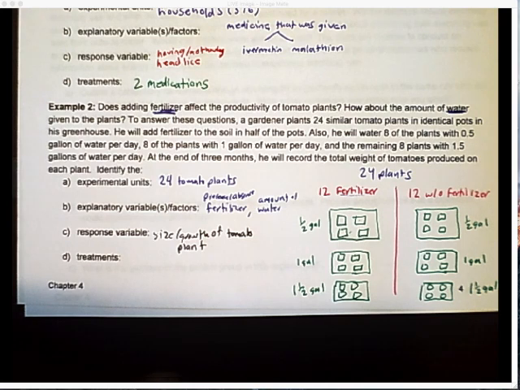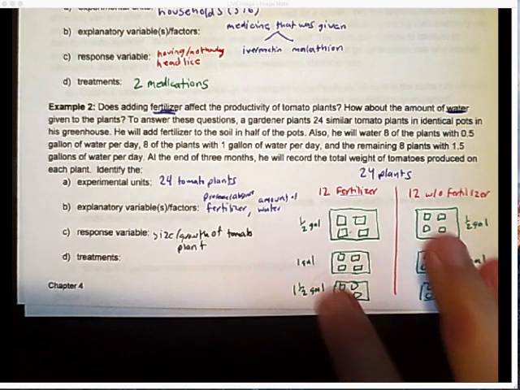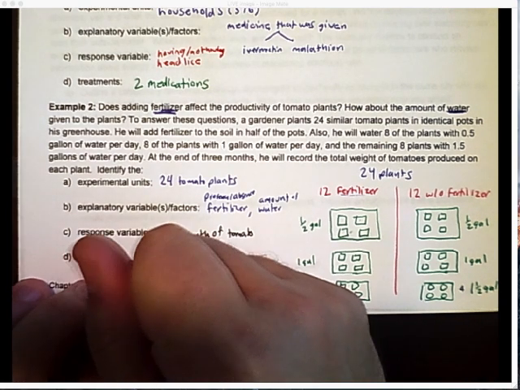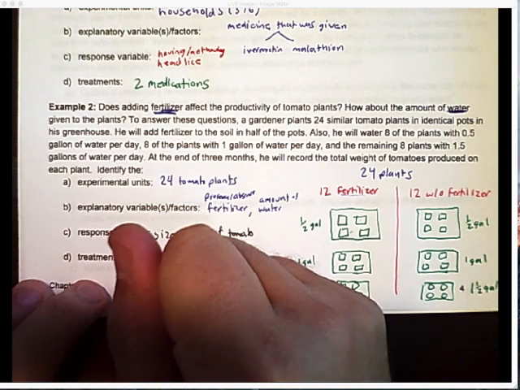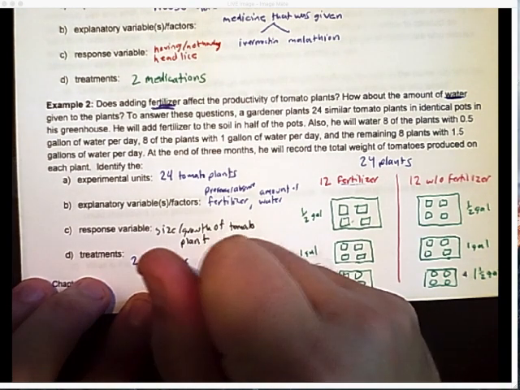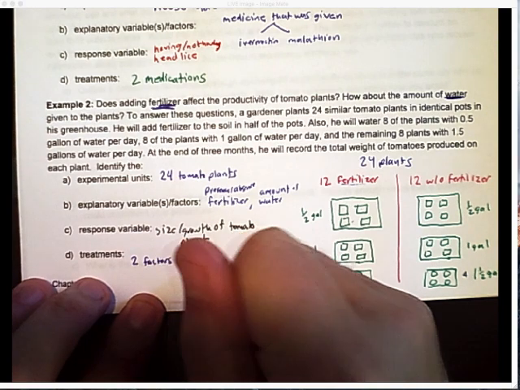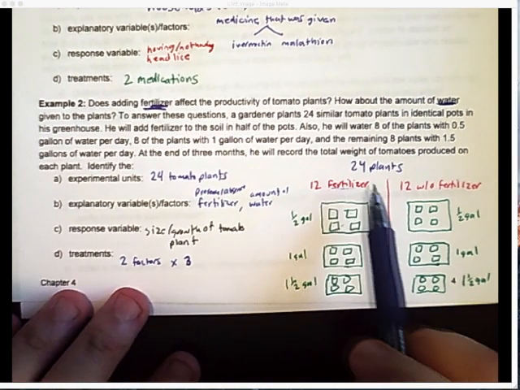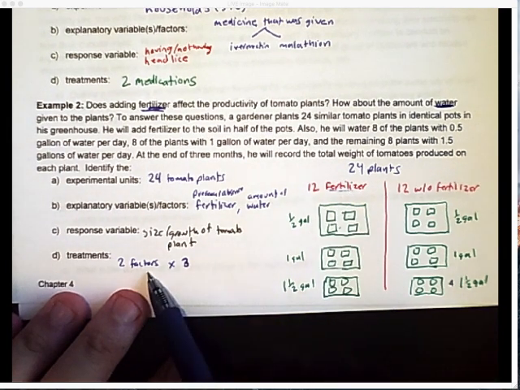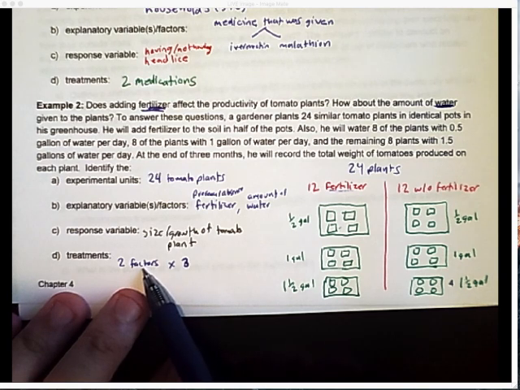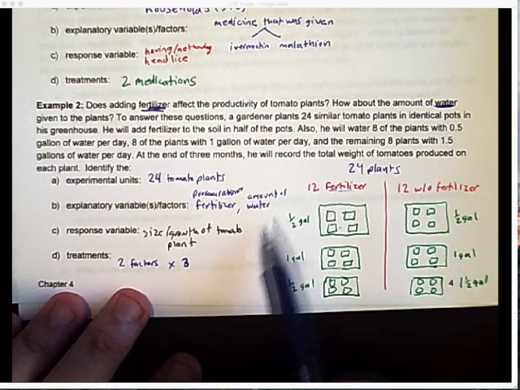And what are the treatments? Looking over here at the treatments, there's basically 6 treatments. We have basically 2 factors, and you have 3. The factors are the presence or absence of fertilizer and the amount of water.